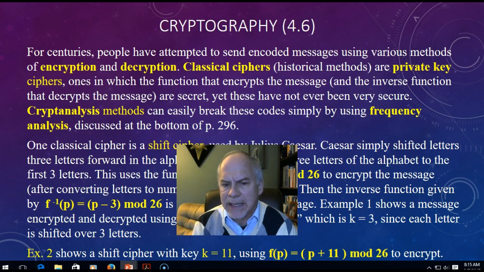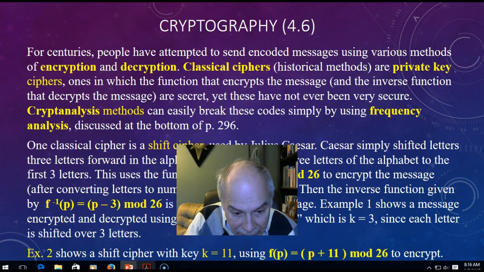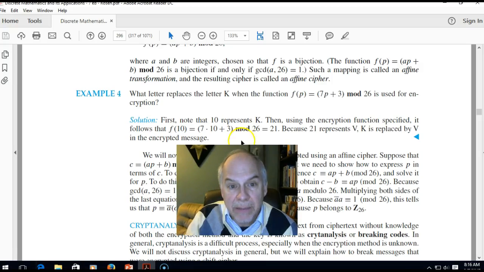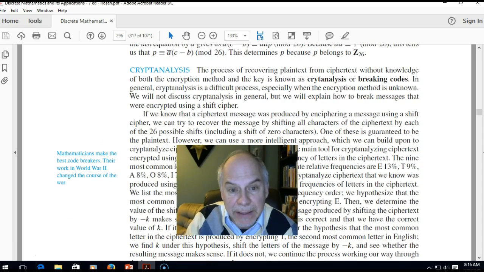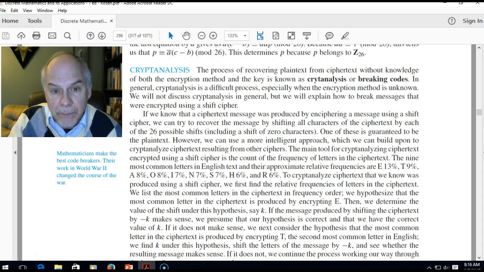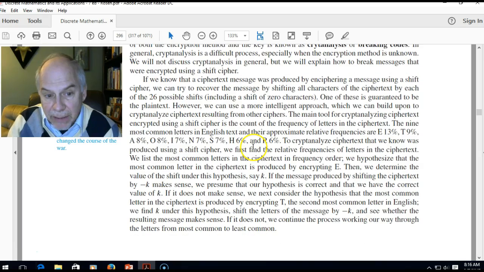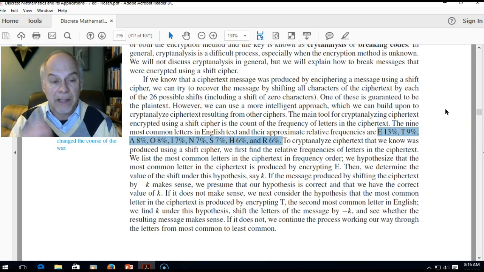Cryptanalysis methods can easily break these codes simply by using frequency analysis, which is shown at the bottom of page 296. I'm going to briefly take us there. It talks about how the relative frequencies of various letters of English words are known.